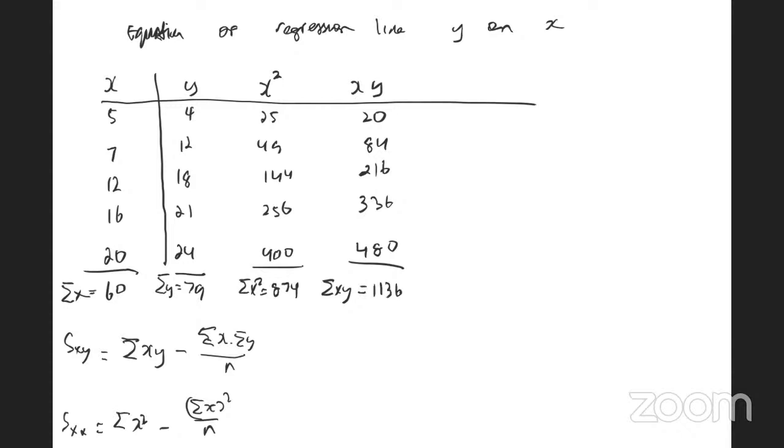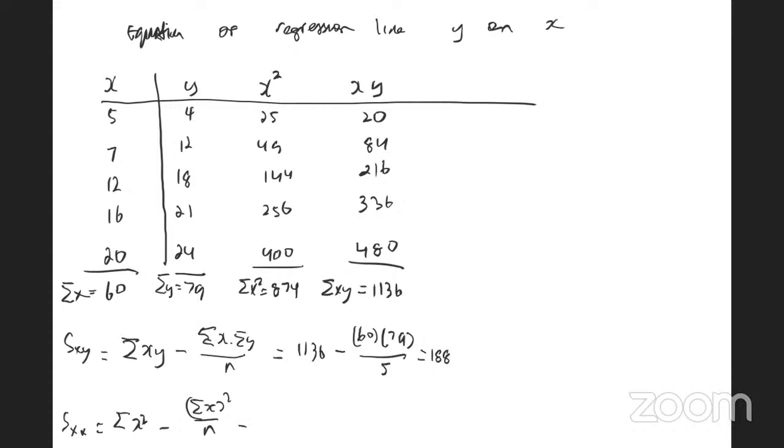So now for me to find Sxy, it is 1136 minus sum of x, which is 60, times sum of y, 79, all over 5. Are you all following? I just work it out and plug it in the formula. When I work it out, I have 188.